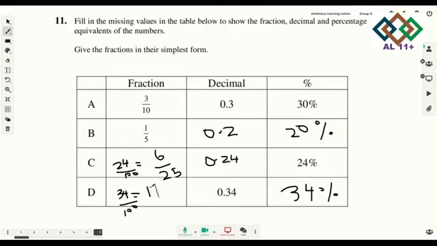The answer would be 17 by 50. That's how we do it. I'll give a minute for those who have not done it to have a look at this one. Then we can move on to number 12.